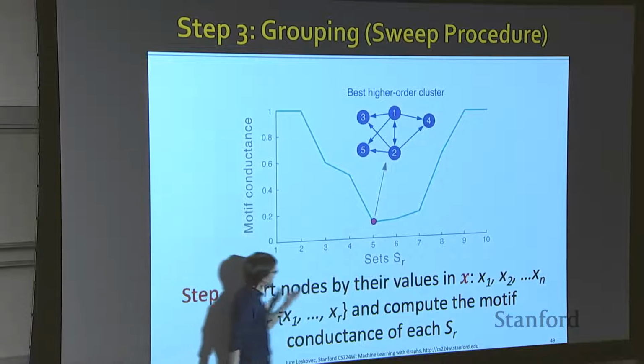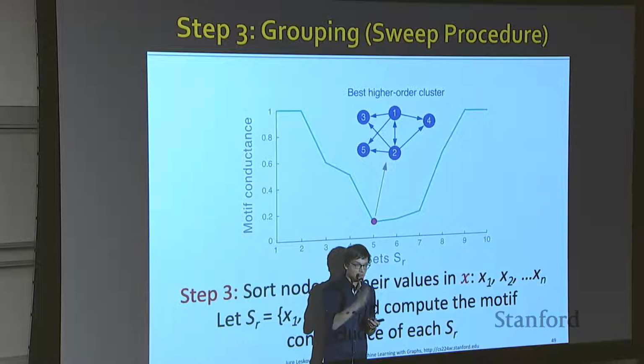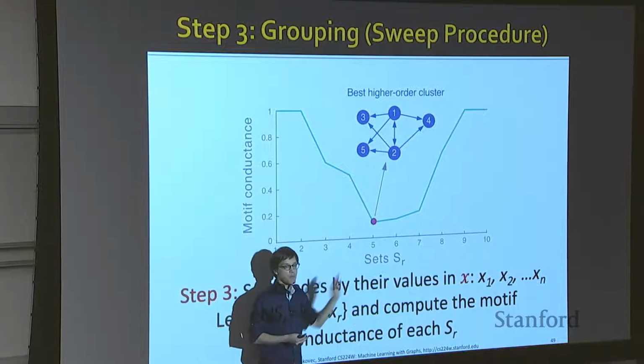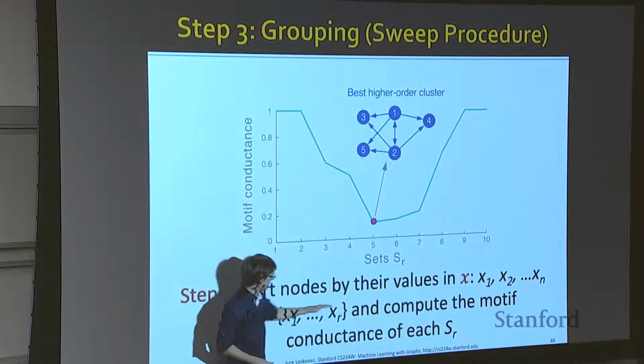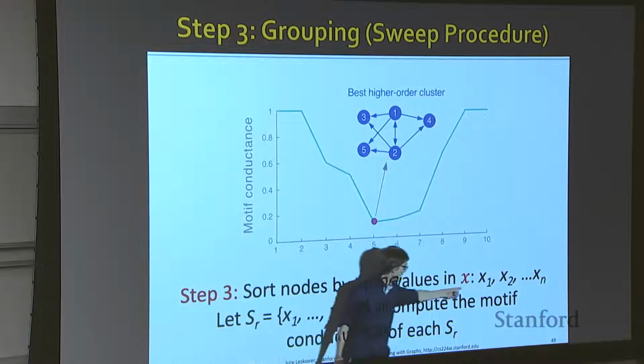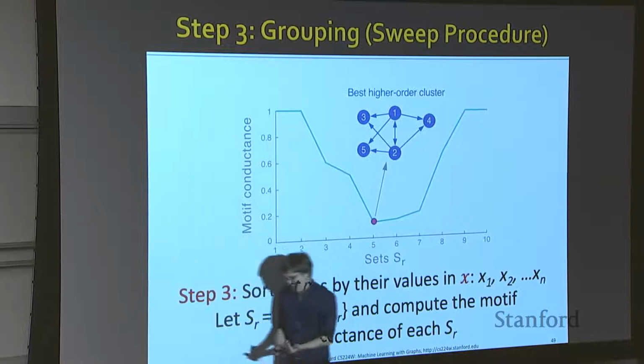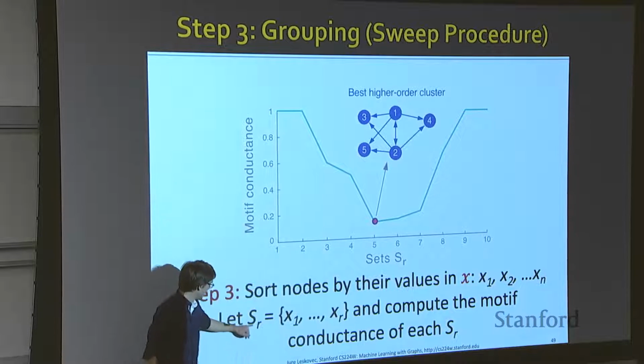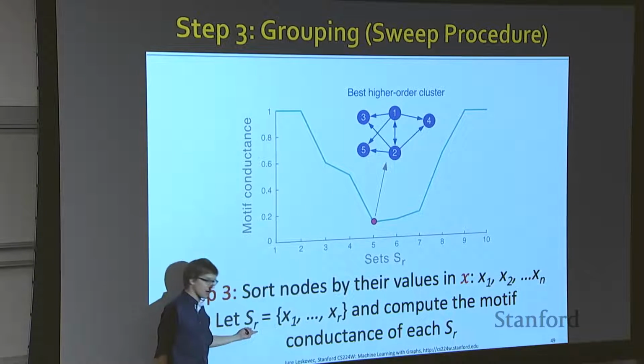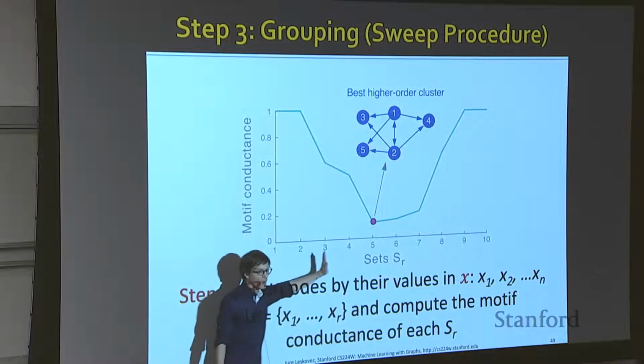So what are we doing here? Rather than splitting on 0, we are doing this sweep procedure, where we sort the nodes based on their values in x, and then we repeatedly take the first r elements of x and ask what the conductance is.